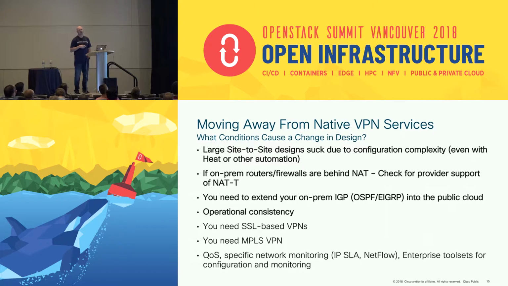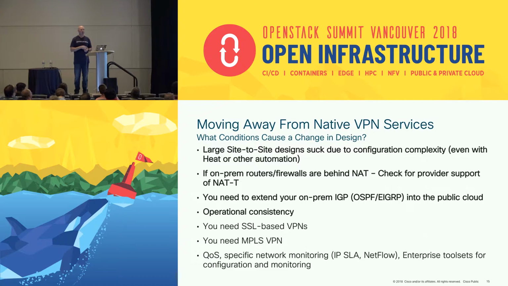So a perfect example of this is when you need to do NAT transparency, which is an RFC. It's a standard way of detecting that you are behind network address translation and modifying my IKE and IPsec behavior to overcome that. Well, not every public cloud provider out there with their native VPN service supports NAT transparency.